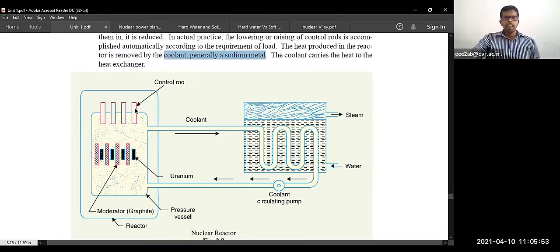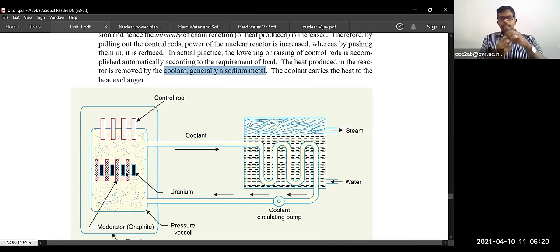You see here, if you insert the control rod here, automatically this will reduce the chain reaction, so power generation and fission reaction will also be reduced.